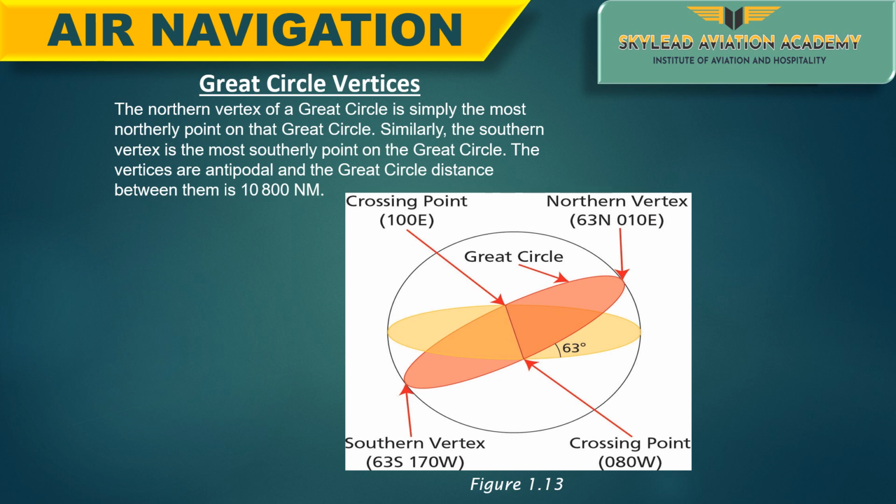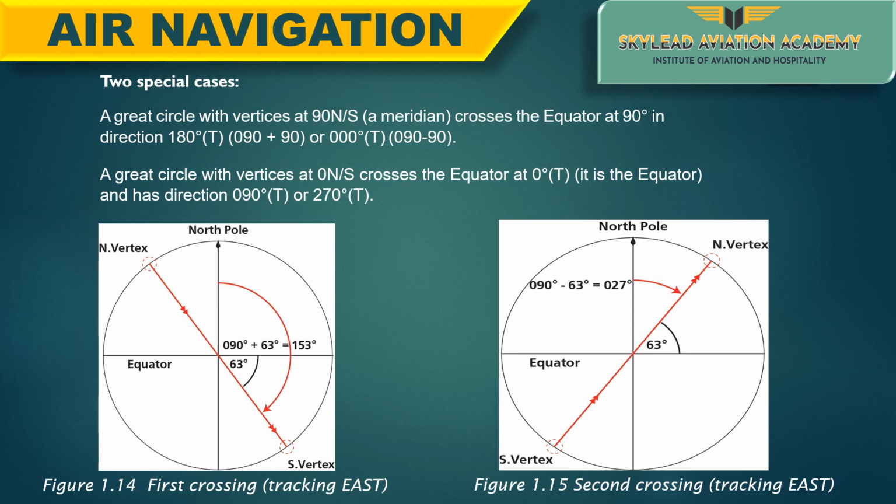The track angle at which the great circle would cross the equator is based on the latitude of each vertex. The track angle would therefore depend on which direction the great circle was traveling from the vertex, that is east or west. Just have a look at figures 1.14 and 1.15.